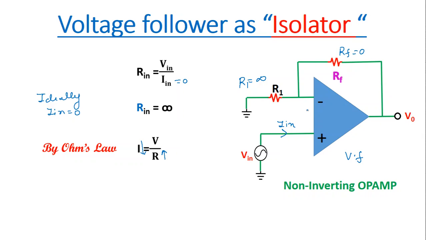Now why do we use a non-inverting operational amplifier for making the voltage follower? The reason is that the non-inverting operational amplifier has very high input resistance.